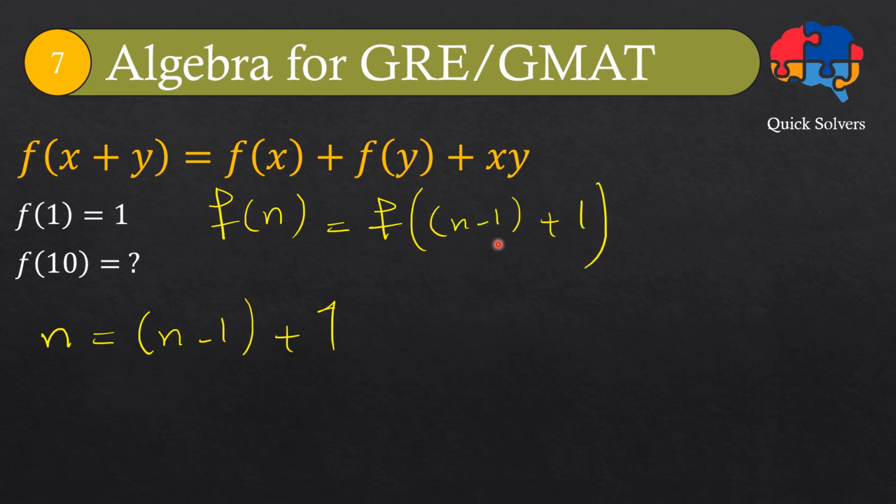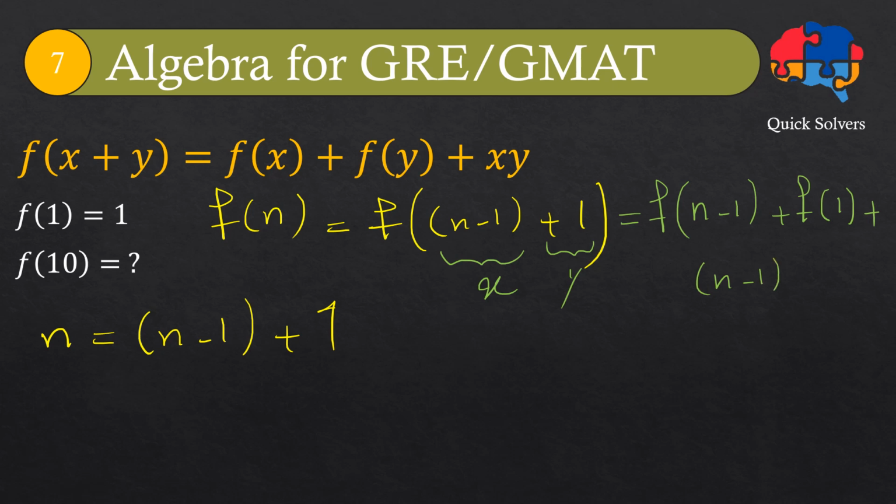And this is pretty much similar to the definition, because we can assume that this part is x and this part is y. So I'm applying this definition for this function, and I can rewrite this as f of n minus 1 plus f of 1 plus n minus 1 times 1.